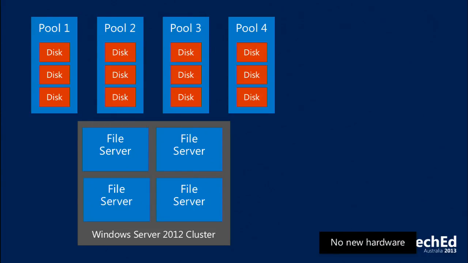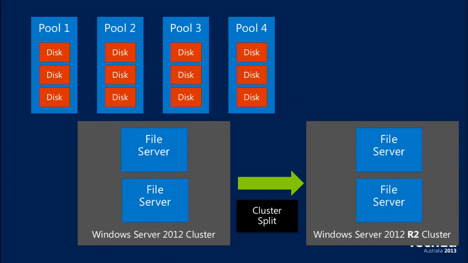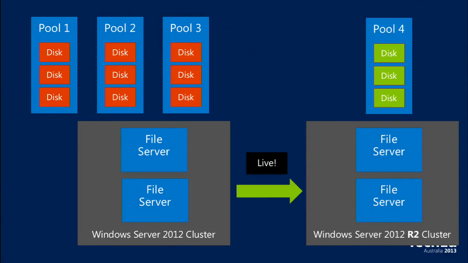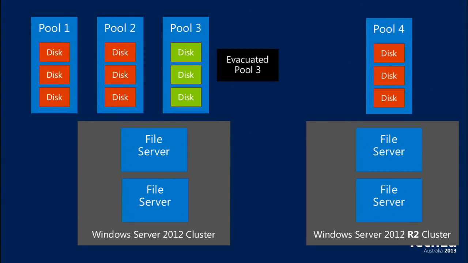What you can do is first, split the cluster, move the nodes out, upgrade them to R2, create an R2 cluster. Now, using storage migration, evacuate one of the pools or evacuate one of the LUNs. Move that across. Then migrate the storage across and repeat this process.